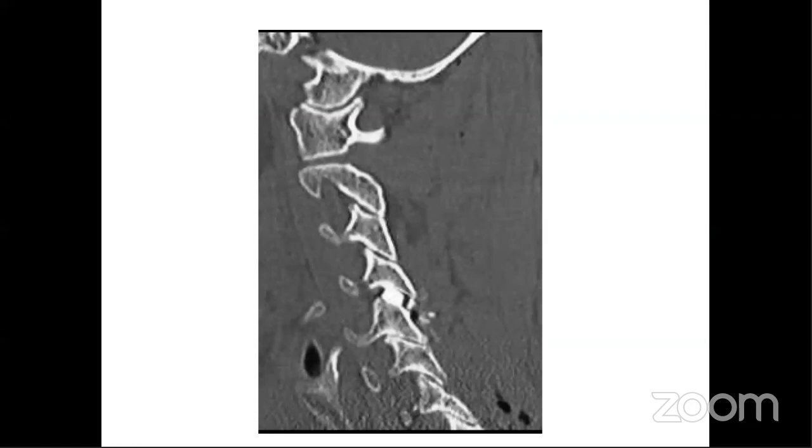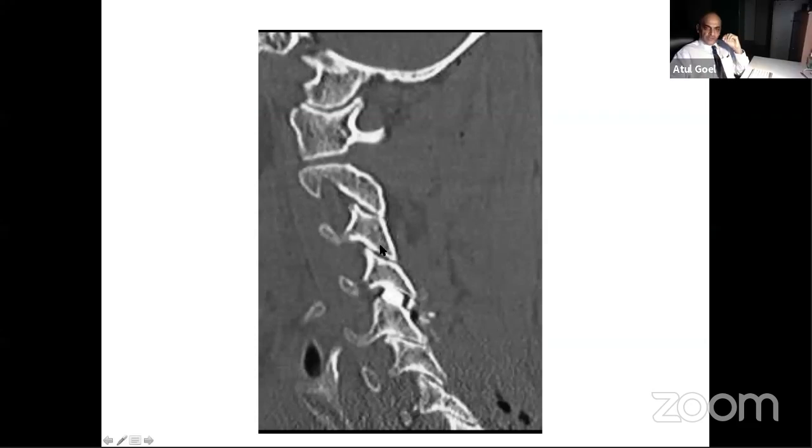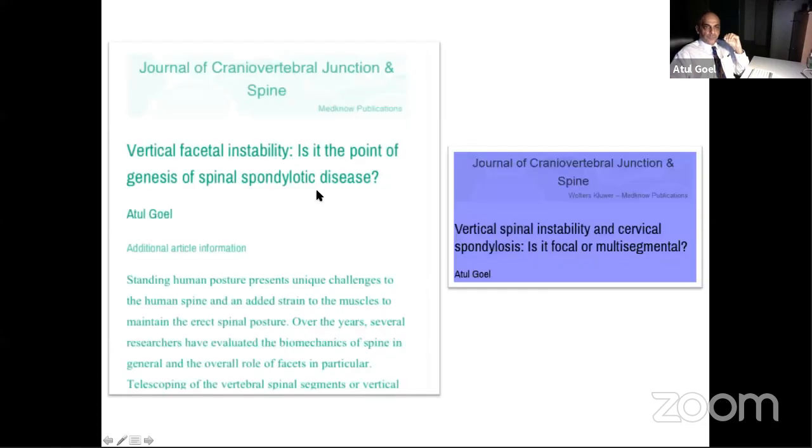Today, what I'm showing you is that facets are the problem; reduction in the joint space and facetal listhesis is the issue. Vertical facetal instability is the point of genesis of spondylosis.